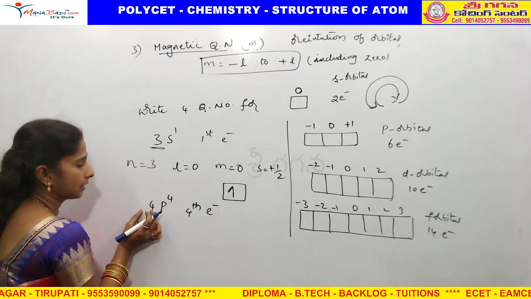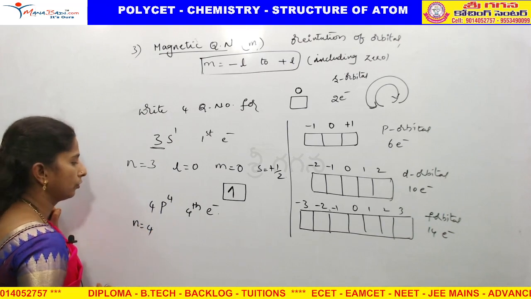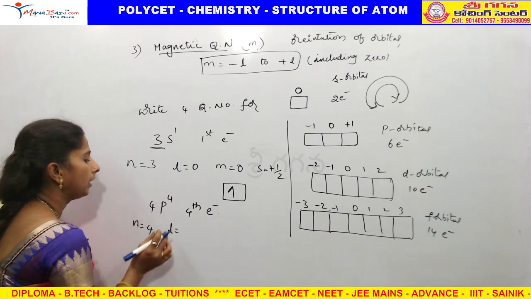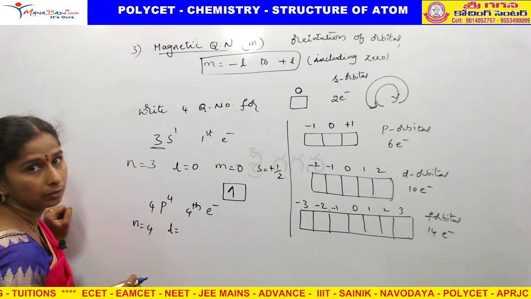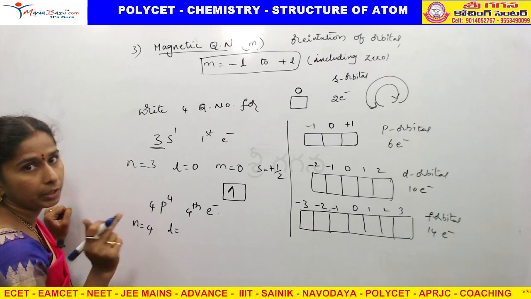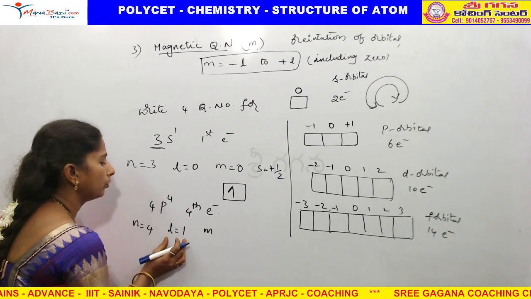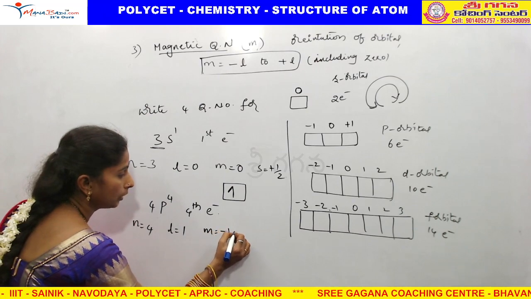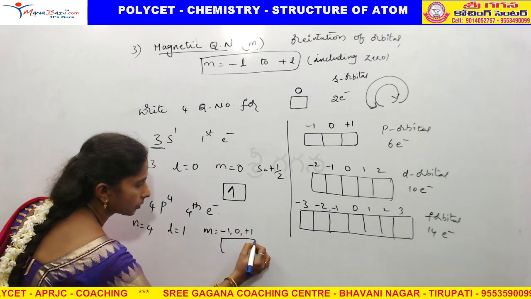That is not this number, 4. So fourth shell. L value for p orbital: s is 0, p is 1, right. And m value may be -1, 0, +1, right. So you need to write this one.